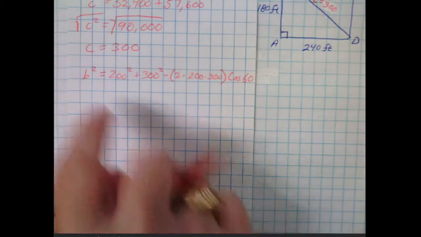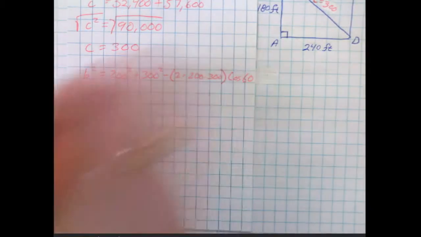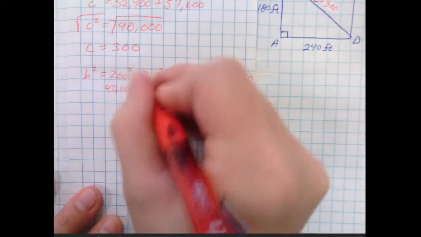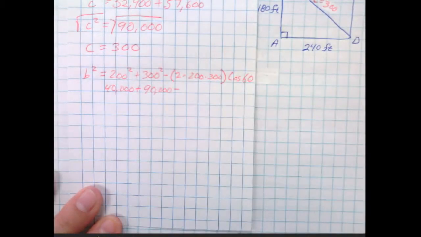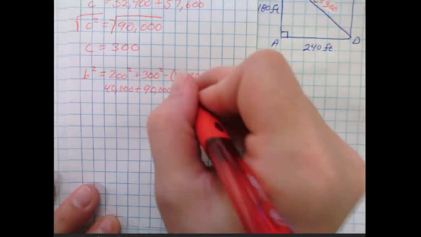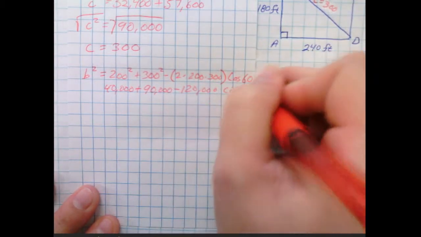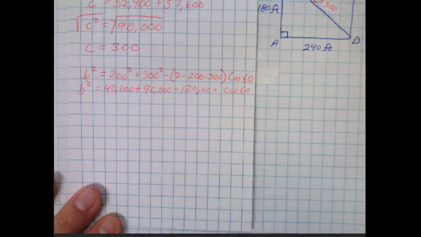Now we're just going to simplify these. 200 squared, we end up with 40,000. And if you remember, the 300 squared was 90,000, minus 2 times 200 times 300 gives us 120,000, and then it's cosine of 60. That's still our B squared.